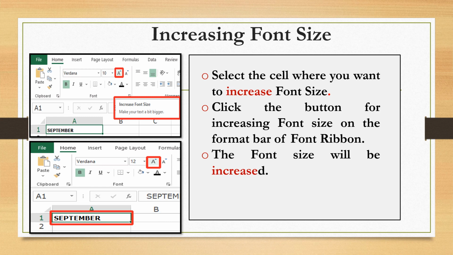By the side of the font size drop down, you will be having one icon used for increasing the font size. From the current font size, when you click on this icon, the font size will be increased to the next level.